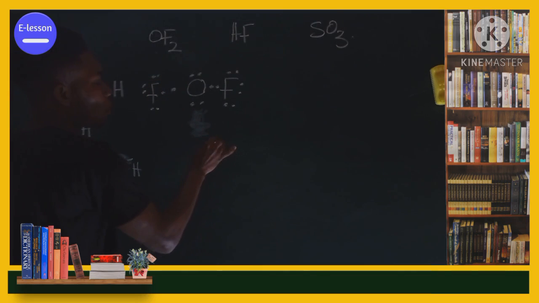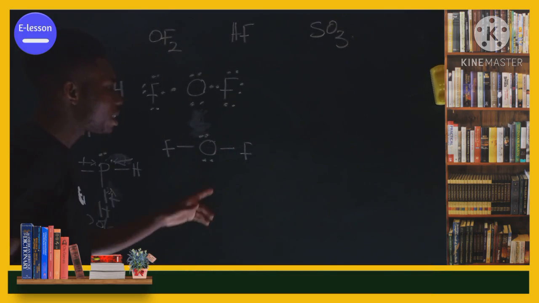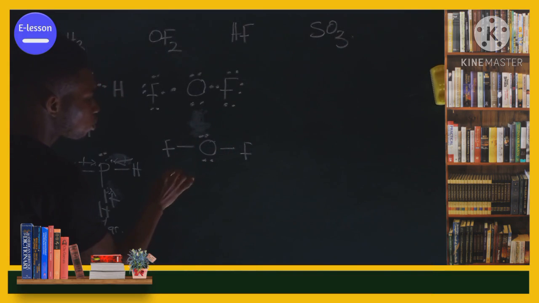The molecular geometry for this compound is something like this, with 2 lone pairs. Now this makes it to what? To not be symmetrical. It's not symmetrical.